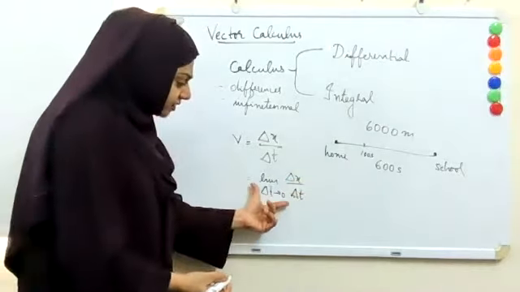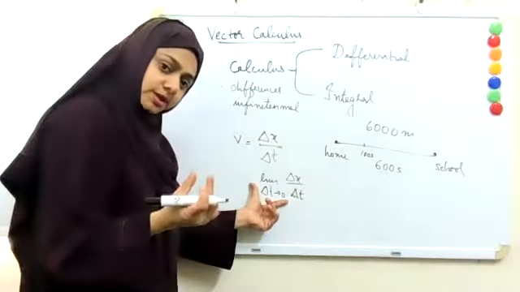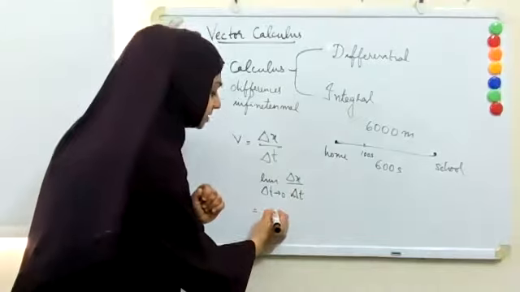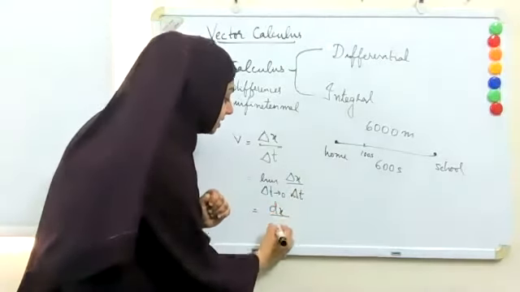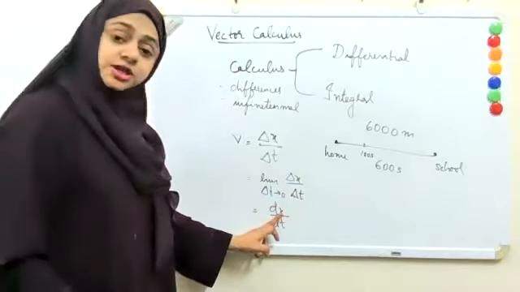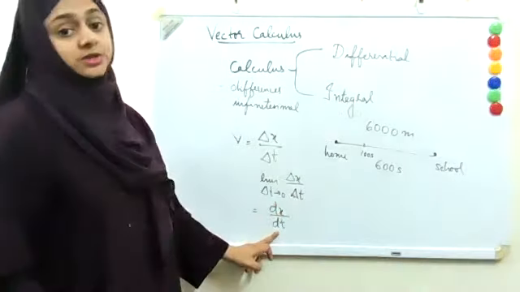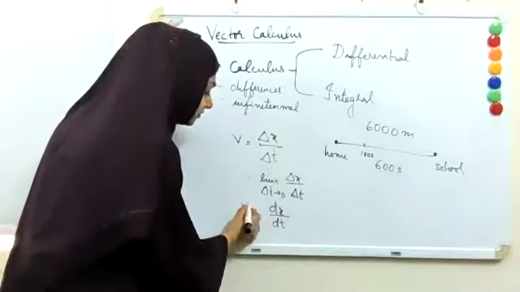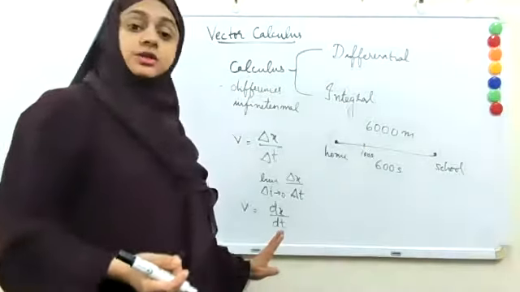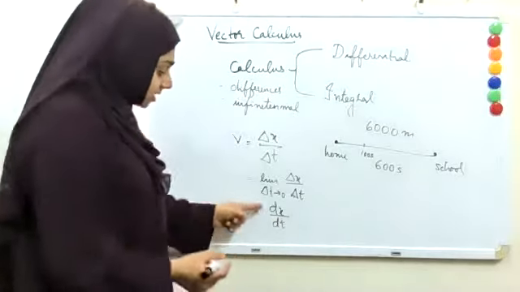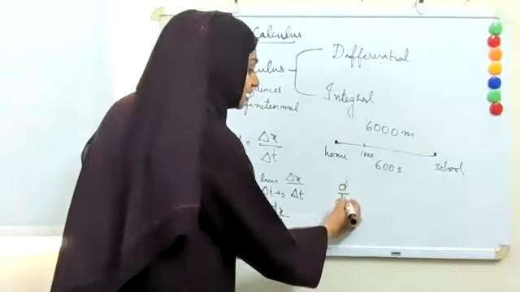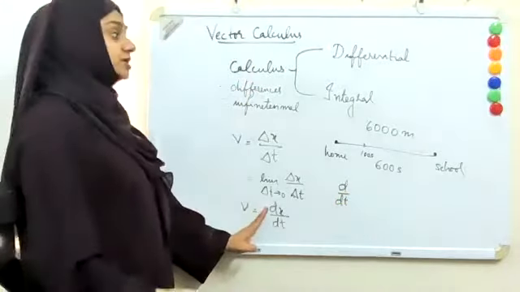This infinitesimally small time interval, the change in displacement is usually represented by dx by dt. And we call it the rate of change of position with respect to time. That is the velocity at an instant, or you call it instantaneous velocity. Here we used an operation called d by dt, which is called a differentiation.